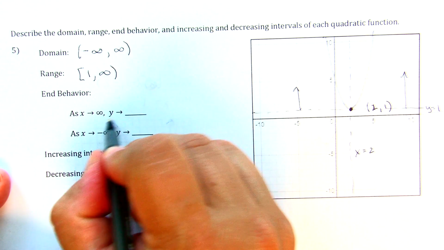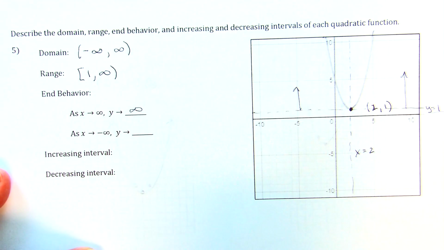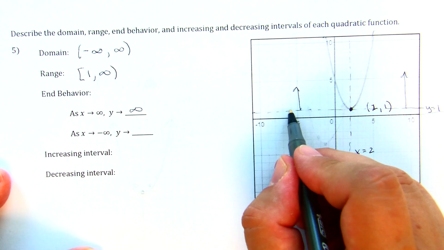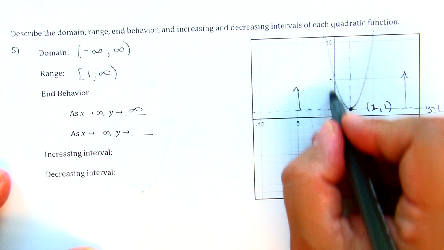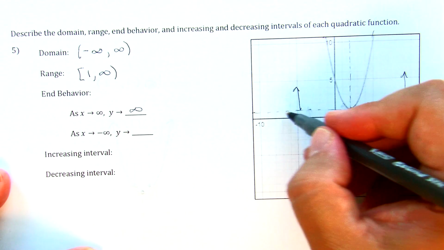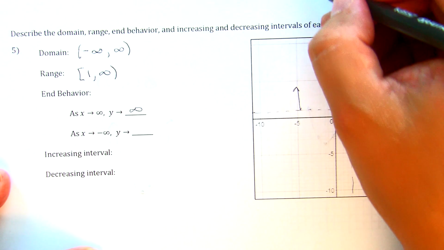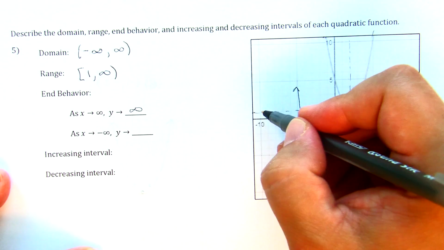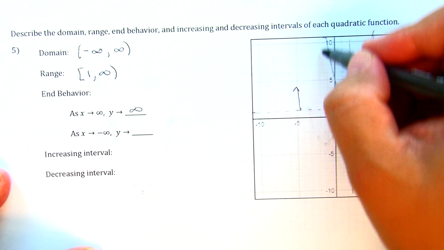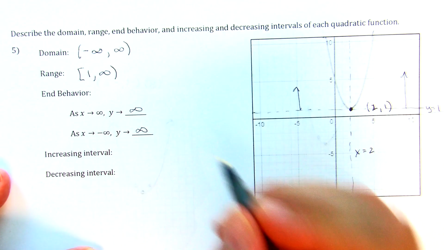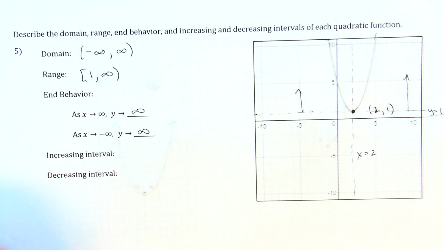So as x goes to positive infinity, y goes to positive infinity. As x goes to negative infinity, y also goes to positive infinity. So either way, on both sides, y is just getting bigger and bigger. You don't really get closer to infinity.